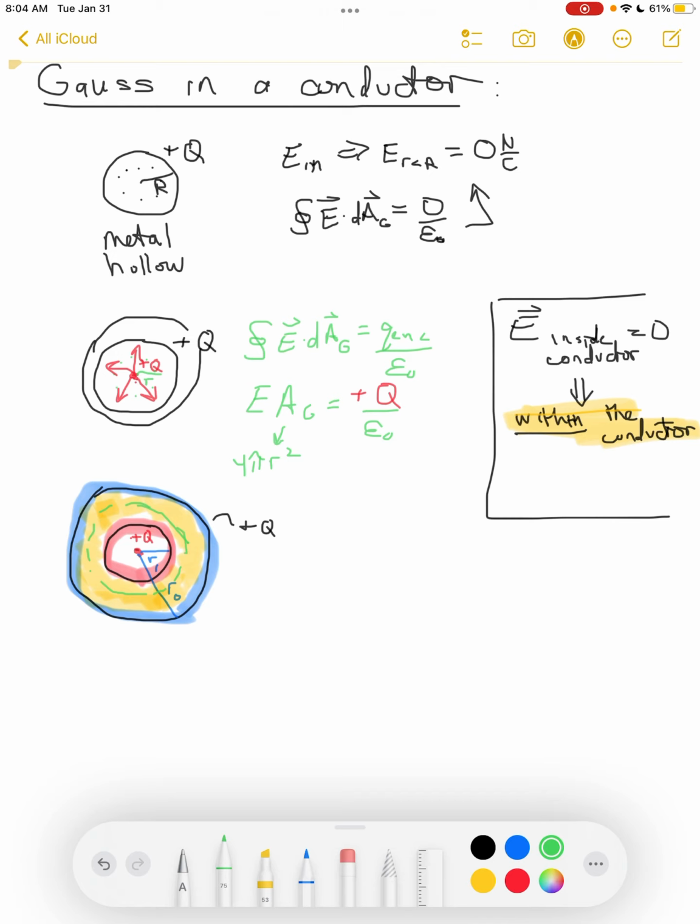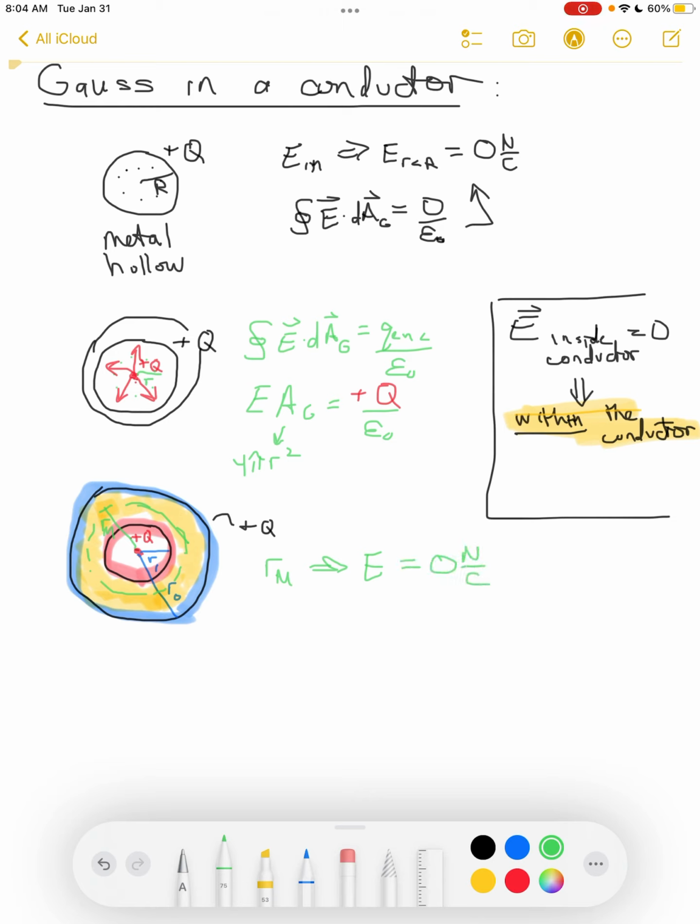At that location, let's give that a new R. That's a green R. We'll call it RM for R middle. We know that at R in the middle, the electric field is going to equal 0.